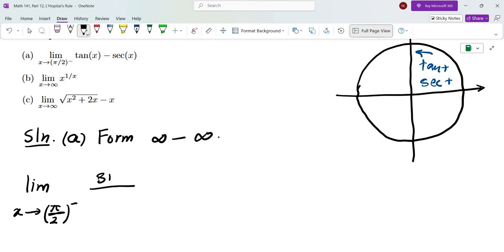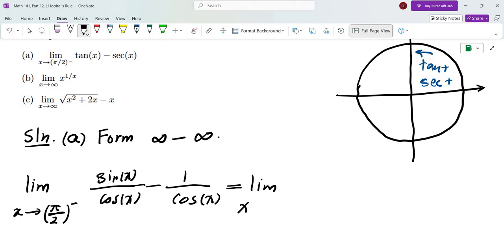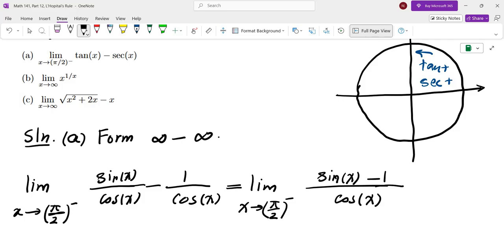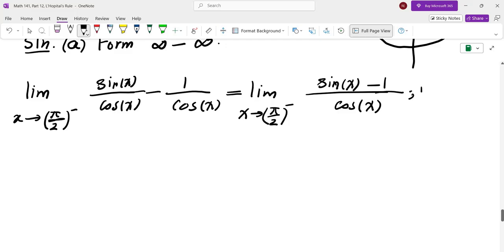So tangent is sine of x over cosine of x, and secant is 1 over cosine of x. So this would be the limit as x approaches pi over 2 from the left, of (sine of x minus 1) over cosine of x.